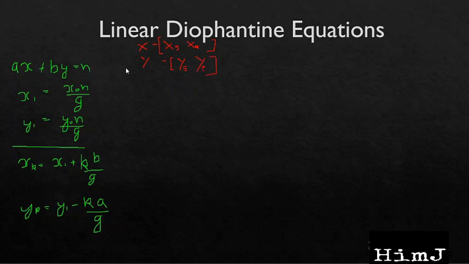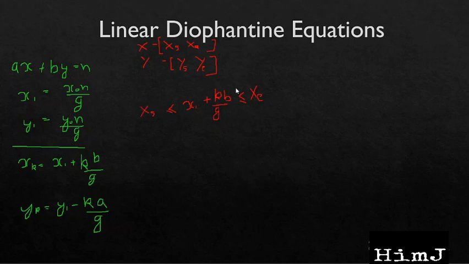So now we can solve for this also using the previous concept. We have generalized formula for x and y. So what we want is our value of x should lie between this range. So xk, which is given by x1 plus k times b divided by g, should be less than or equal to x end, we have used this square bracket here, and should be greater than or equal to x start.